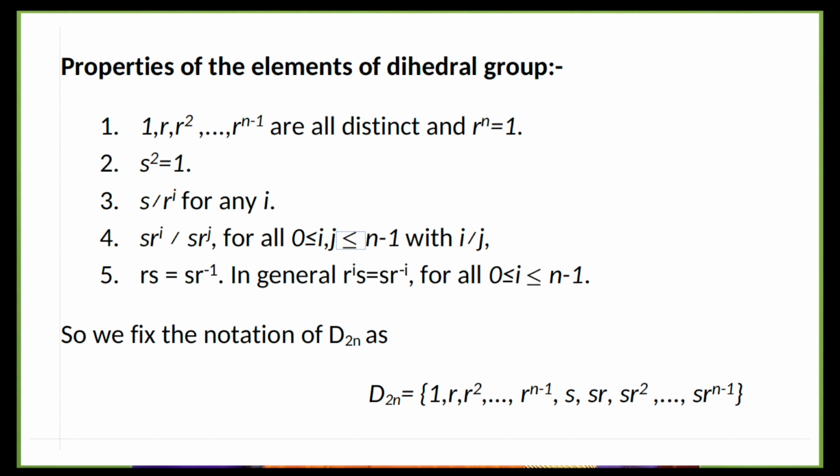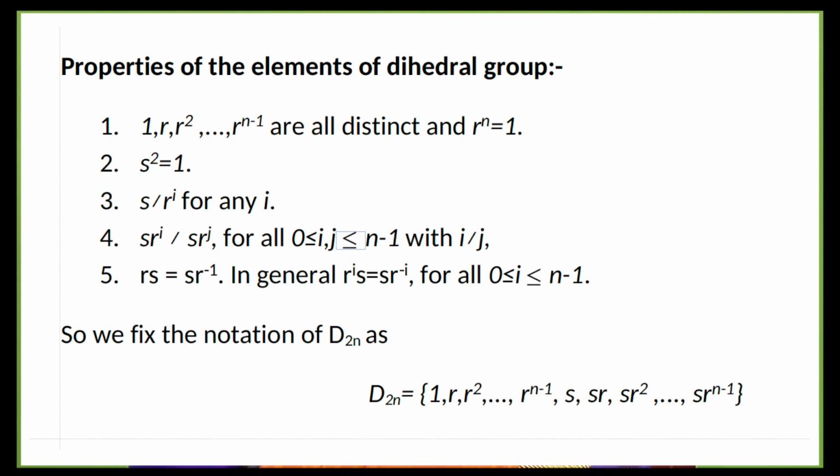And the fourth is s r^i is not equal to s r^j for all 0 less than or equal to i, j less than or equal to n minus 1 with i not equal to j. And the fifth, the final one, is that s is equal to s inverse.